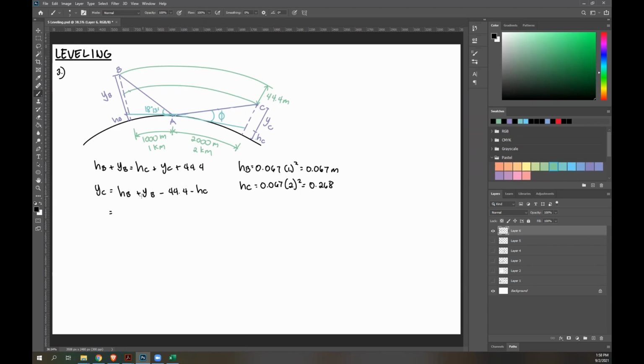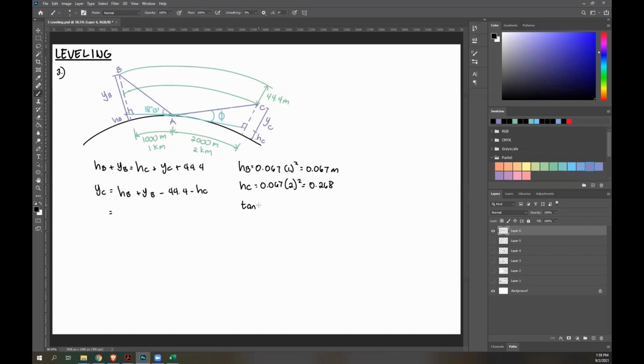Okay, now I need YB, right? How do we get YB? Same thing as how we get YC, that's using trig functions. So we will consider this as a right triangle, and we will consider these as right angles. Therefore, you can use your SOHCAHTOA, specifically tangent, because we know this distance.